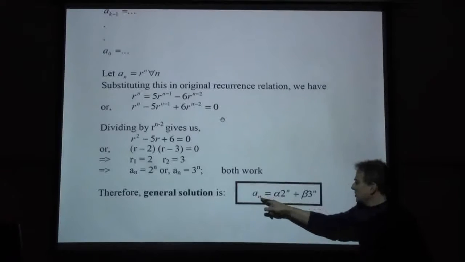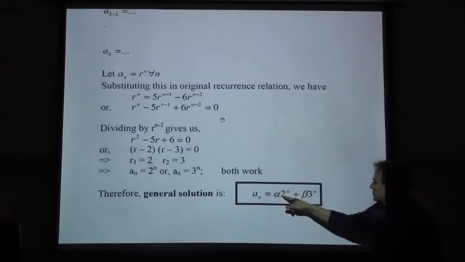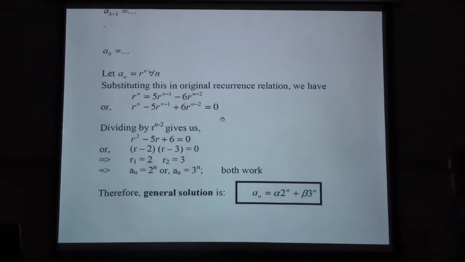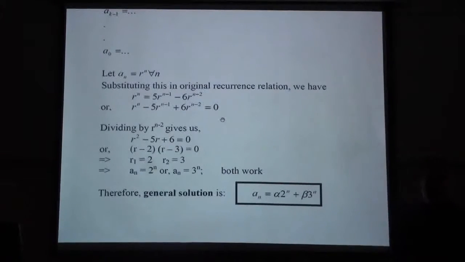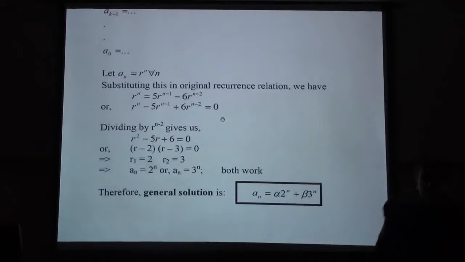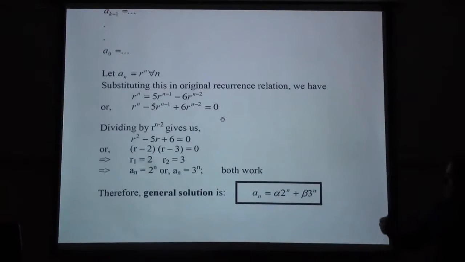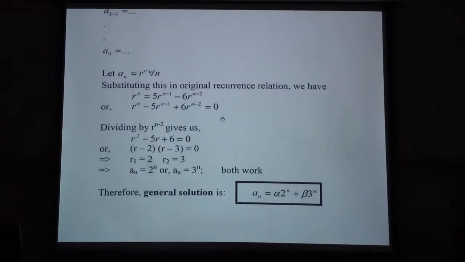Well, if A naught is equal to 1, that means A naught is equal to alpha times 2 to the 0 plus beta times 3 to the 0. And 2 to the 0 is 1, and 3 to the 0 is 1. So what we have is A naught is equal to alpha plus beta. And A naught is equal to 1. How do I know that?